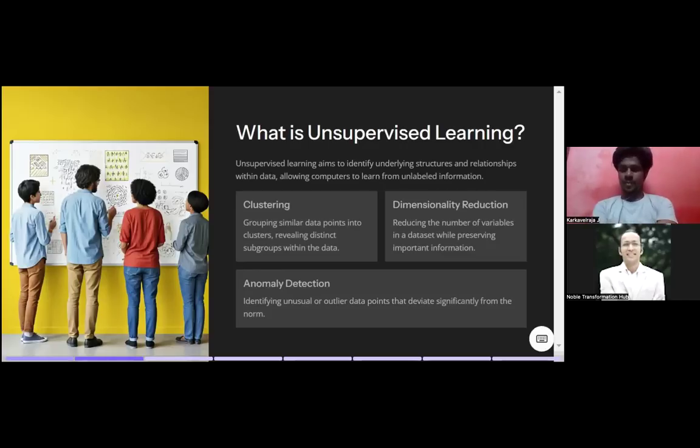That's what it will detect. So unsupervised learning covers clustering, dimensionality reduction, and anomaly detection. These are very important aspects. Keep learning, absorbing, digesting, and applying all the information with simplicity.